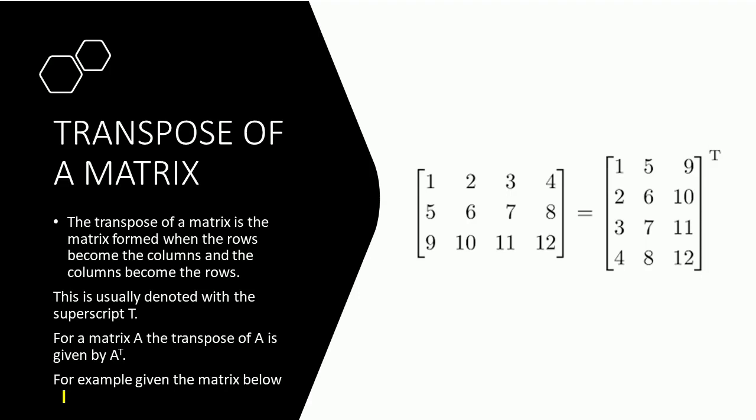And then you want to form a transpose. All we need to do is to take this first row, 1, 2, 3, 4, and make it the first column, 1, 2, 3, 4. Take the second row, 5, 6, 7, 8, make it the second column, and take the third row and make it the third column. That way we have been able to form the transpose of that.